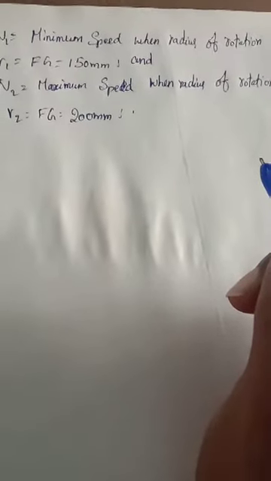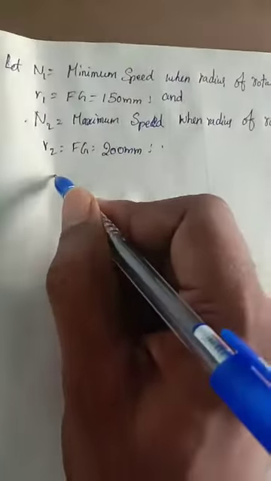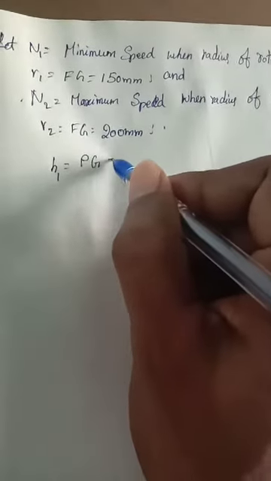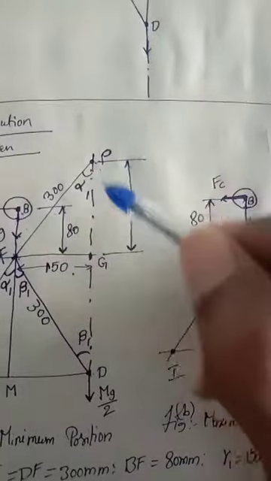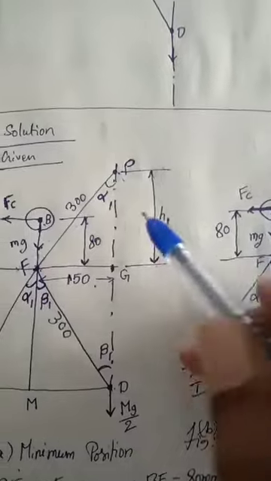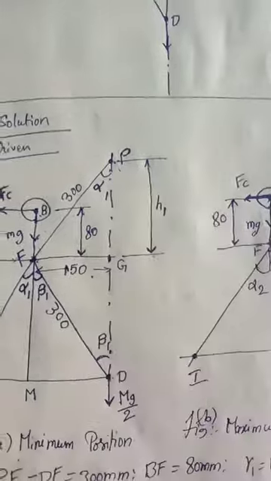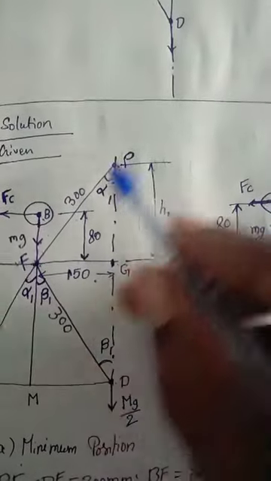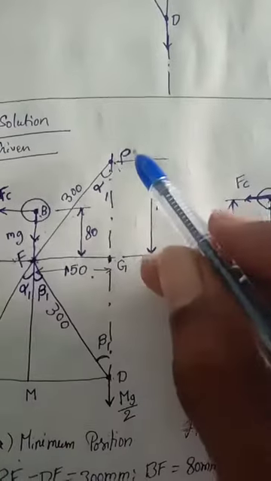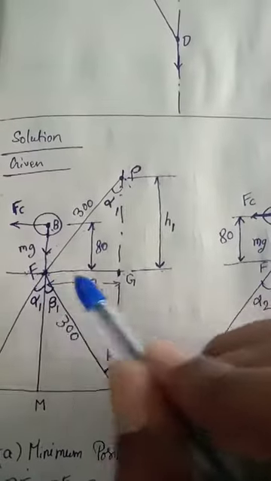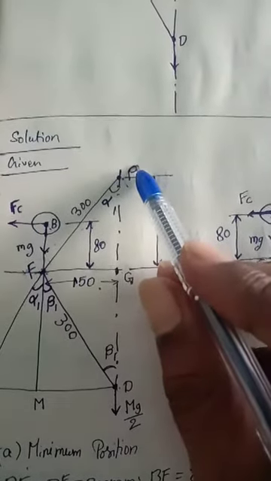Okay, so now from figure A let's see how to find H1. H1 is equal to PG. See here, PG, that is called H1. So we are going to take this triangle PGF, and we can write PG square is equal to FG square minus FP square.